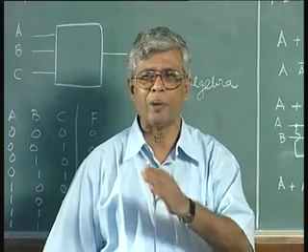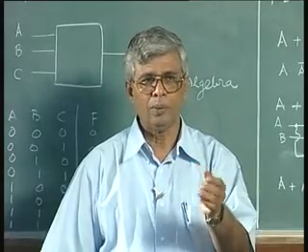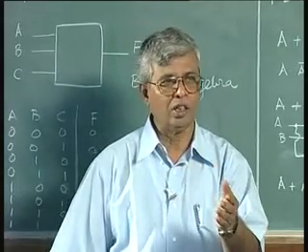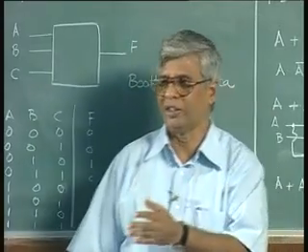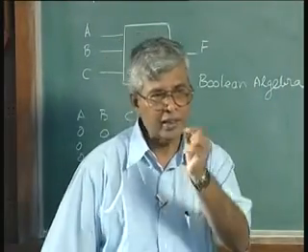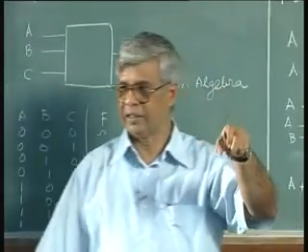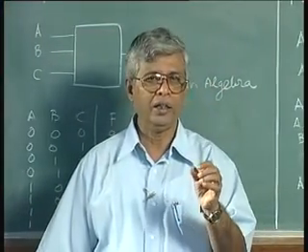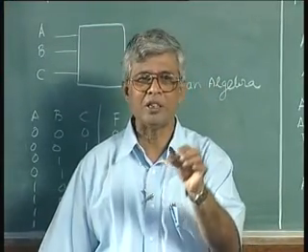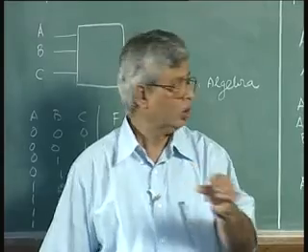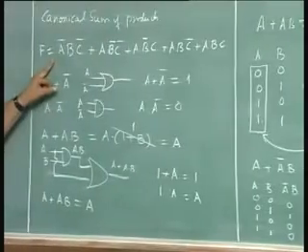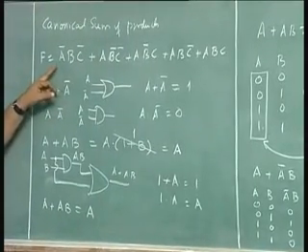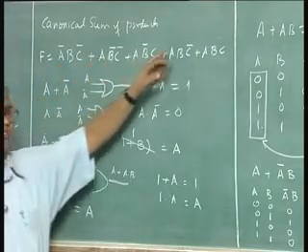By reducing the number of product terms, so that the total number of terms for which you need to get an OR function is reduced. And each of these terms, which are an AND gate output, can be simplified by reducing the number of variables in that AND gate. So for example, if you take this logic function, I can reduce this in 2 ways. There are a total of 1, 2, 3, 4, 5 terms.